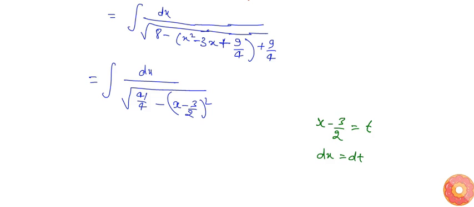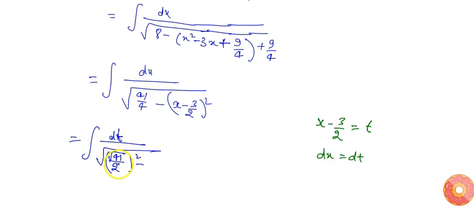Putting in the question, we will get integration dx by root of 41 by 4. I can write it as root of 41 by 2 square minus t square, so that I can compare it with our formula.